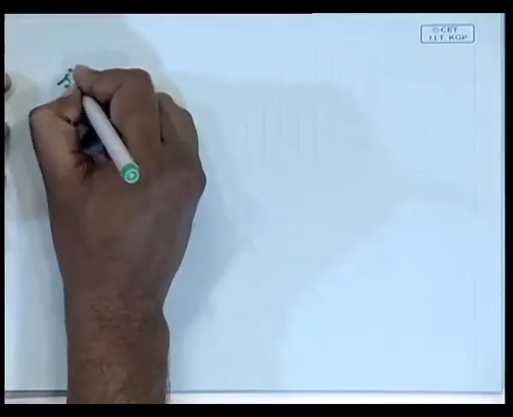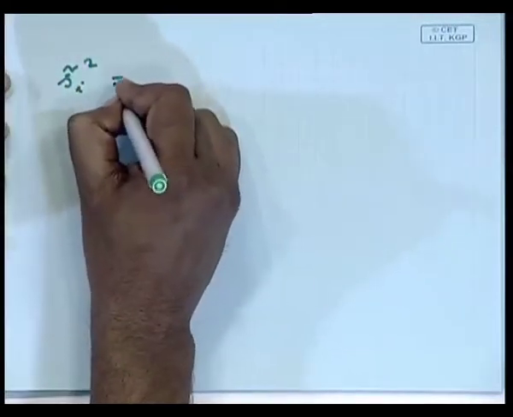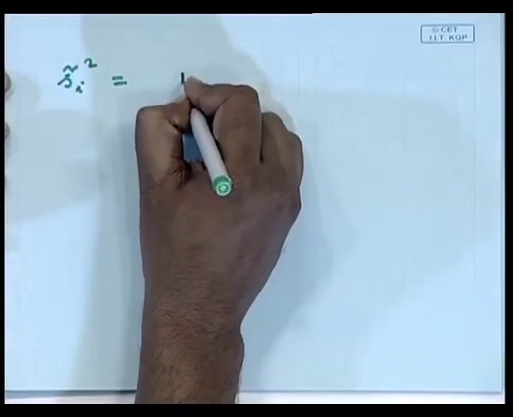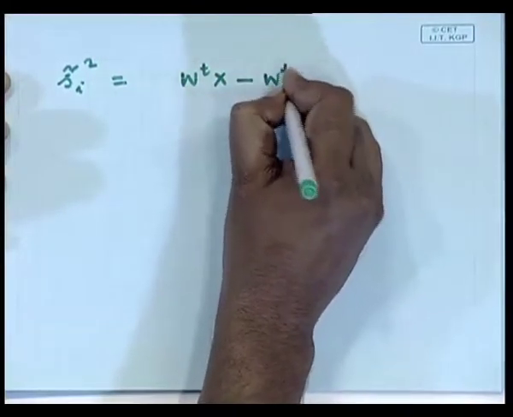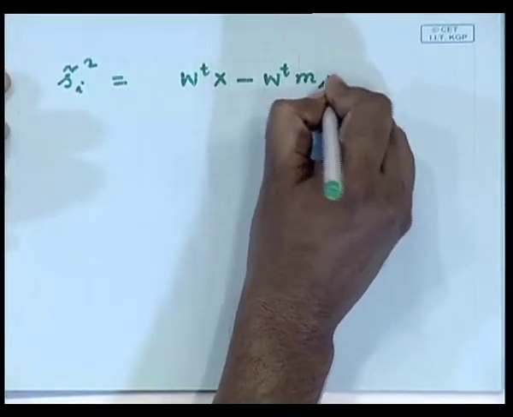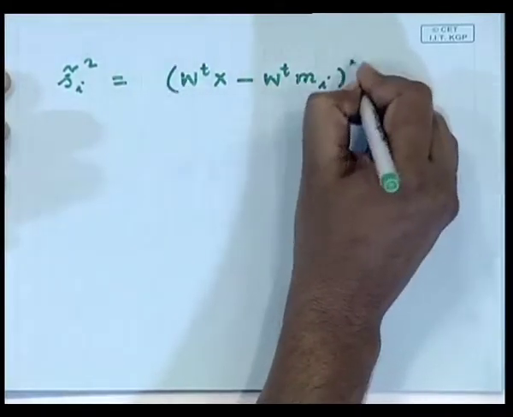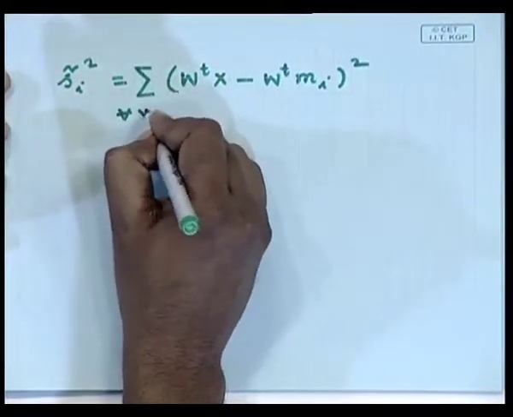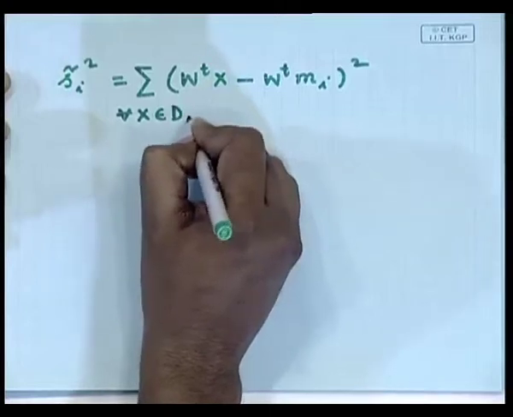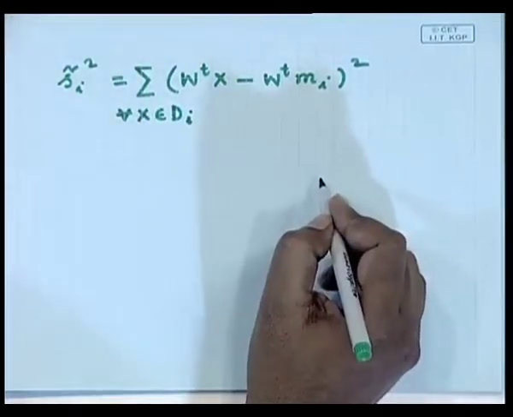Next, let us try to see what will be the scatter of the projected samples. Okay. So, for that I define S I tilde square, which is nothing but the square of W transpose x minus W transpose m I, taking the summation over all x belonging to set D I. Okay.